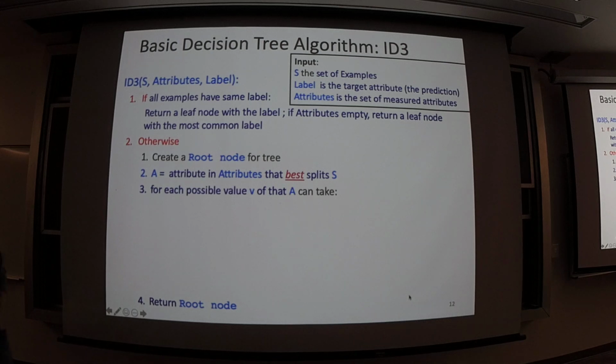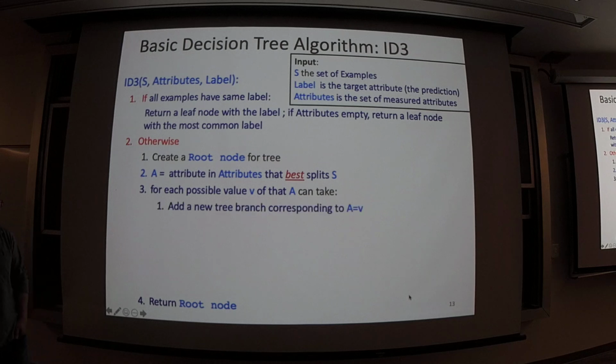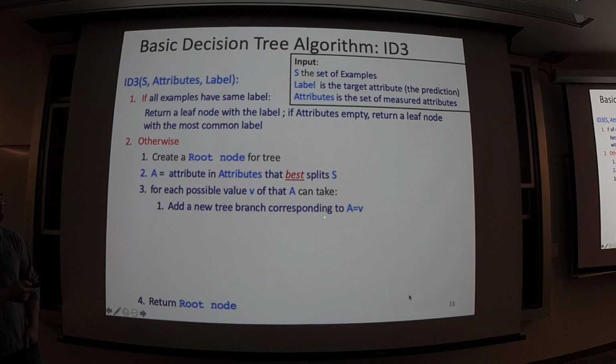We just enumerate all possible values V that the selected feature A can take, and then we pick up all the examples in S whose feature A takes the value V.